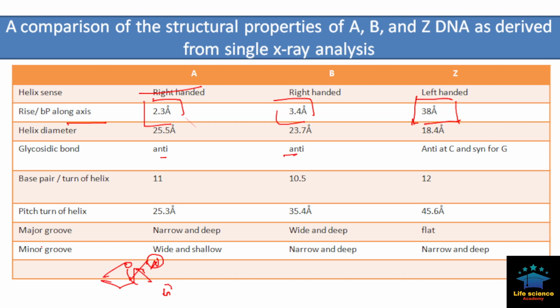In the A form of DNA, the major groove is narrow and deep. And left-handed DNA has a flat major groove. So this chart will be applicable in all exams, and all the needed questions can be solved with the help of this chart.